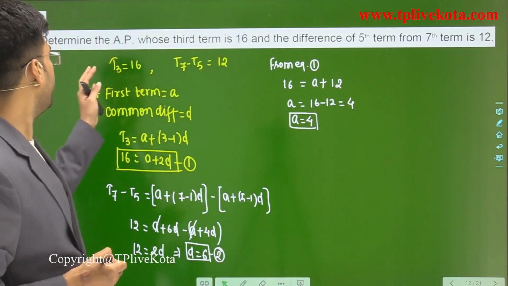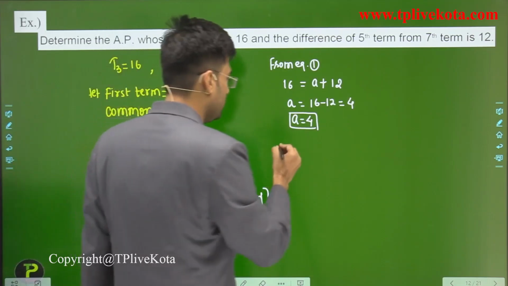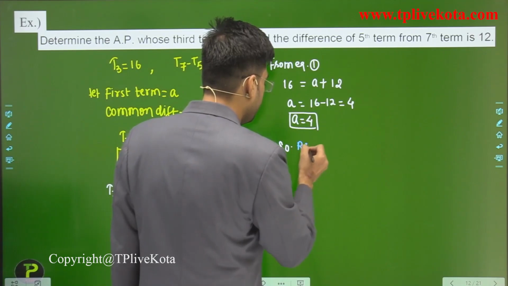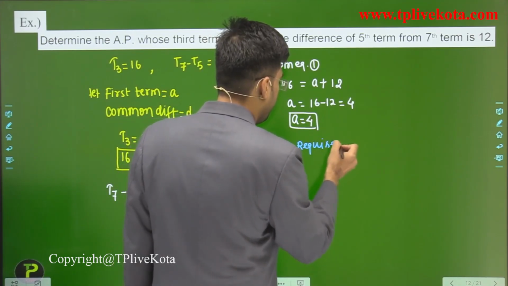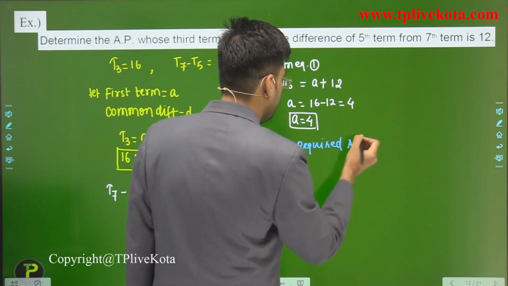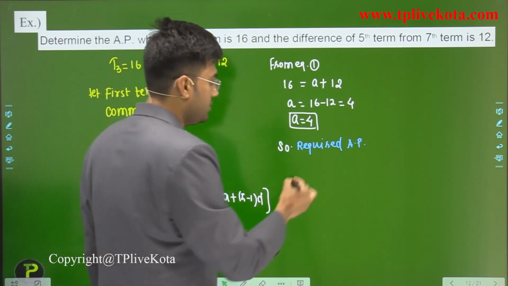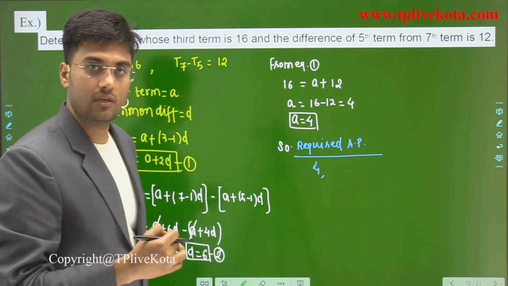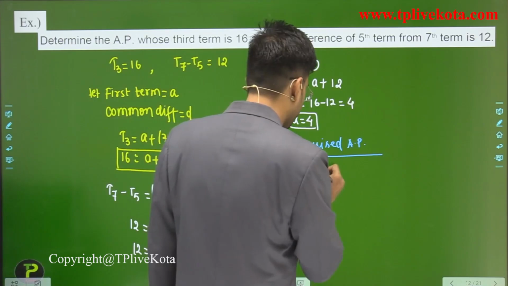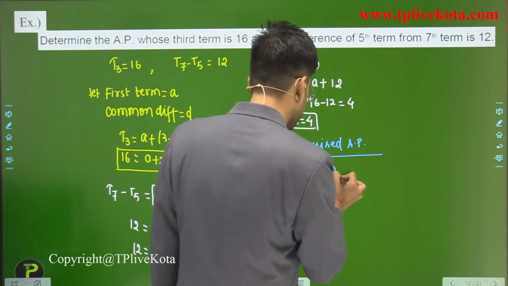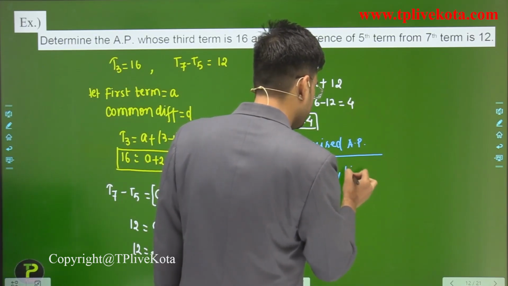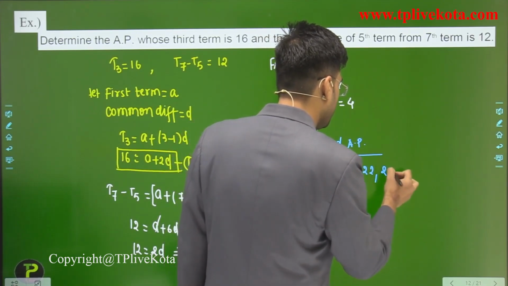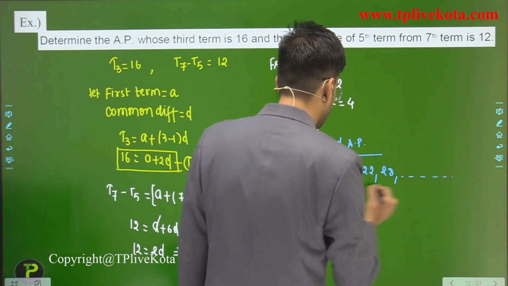So what we have to find here? Determine the AP. So the required AP is, first of all we write the first term as 4, and by using the general term of AP we add the common difference. 4 plus 6 is 10, 10 plus 6 is 16, 16 plus 6 is 22, 22 plus 6 is 28, and so on.